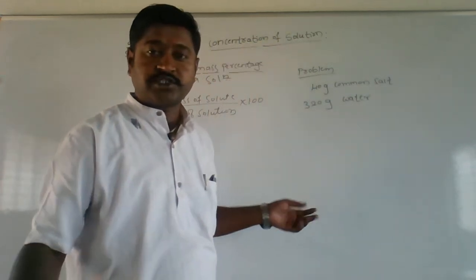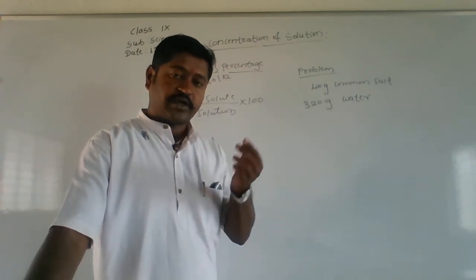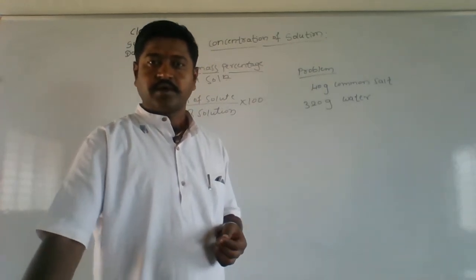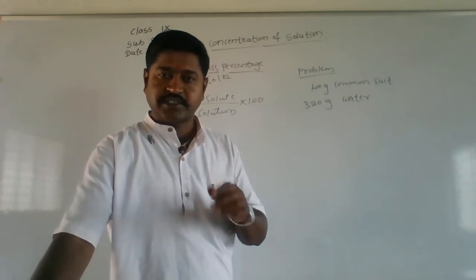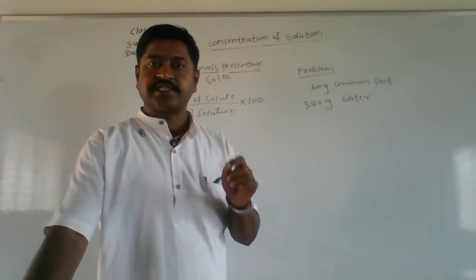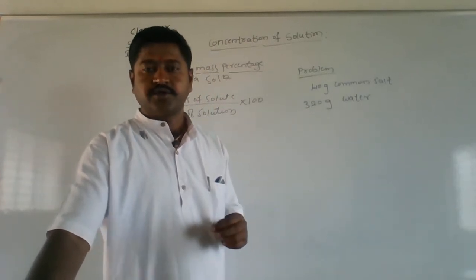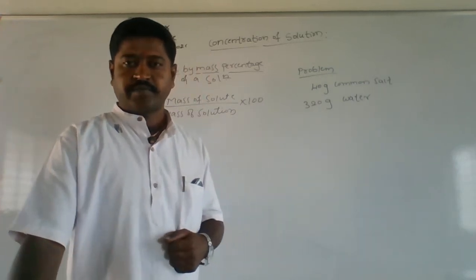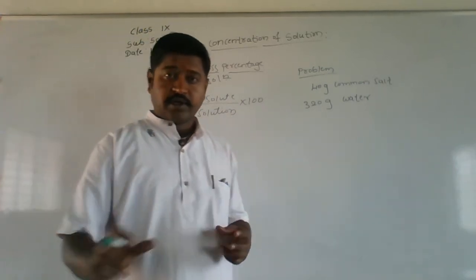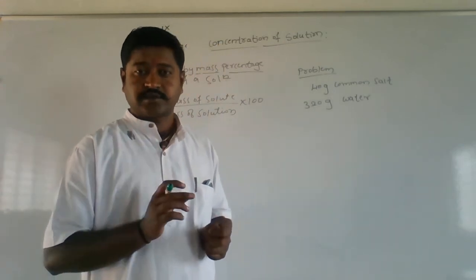So which is solute and solvent here? When you look at the examples that we have studied, solute and solvent make a solution. So solute will be usually lesser in quantity and solvent is going to be usually larger in quantity. What is given here is a solution of water and common salt.